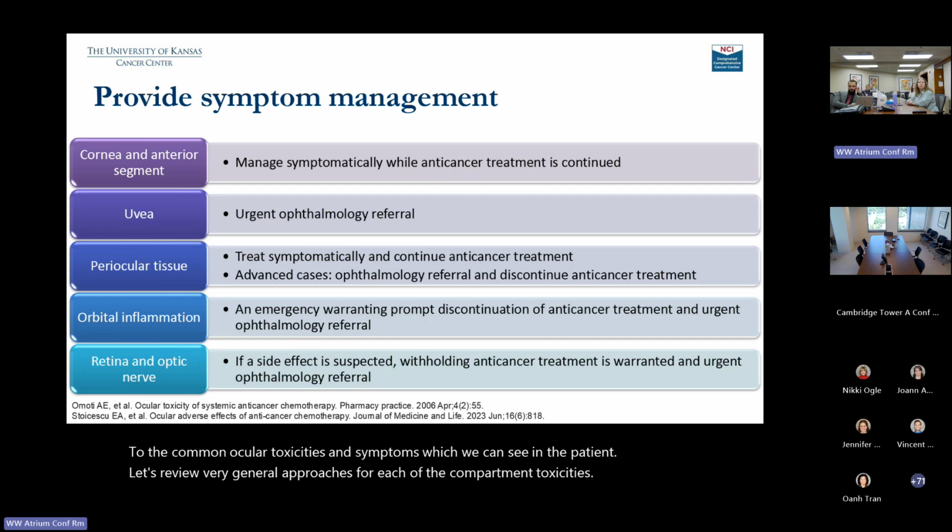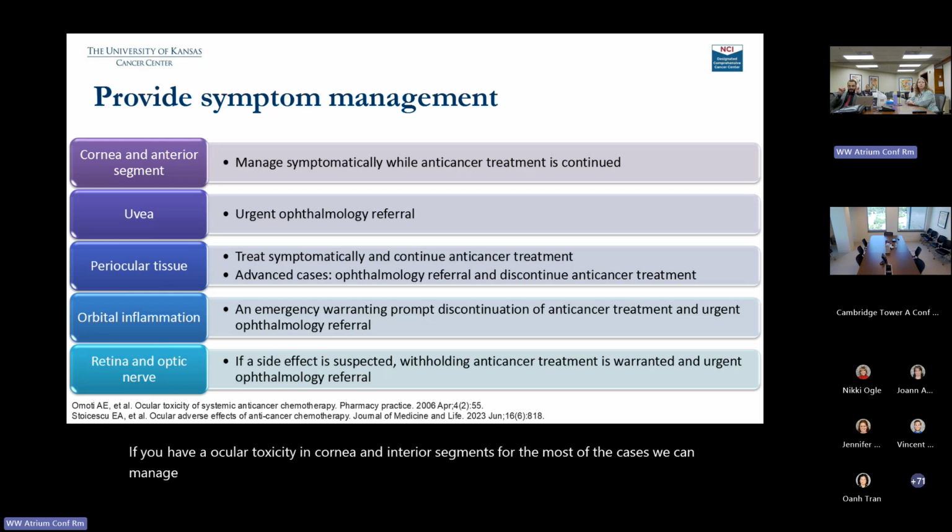If you have ocular toxicity in the cornea and anterior segments, in most cases we can manage the situation symptomatically and continue the anti-cancer medication.